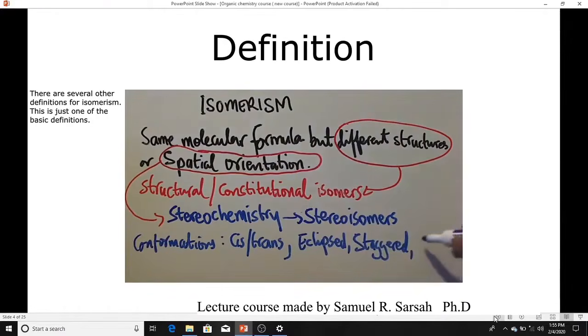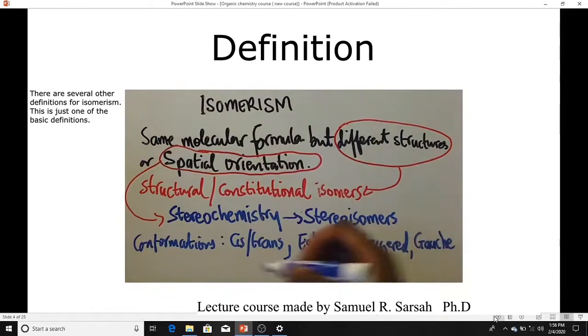Or you can also talk about gauche or anti-conformers. So cis-trans or eclipsed or staggered or gauche or anti are stereoisomers, and they are also conformational isomers.